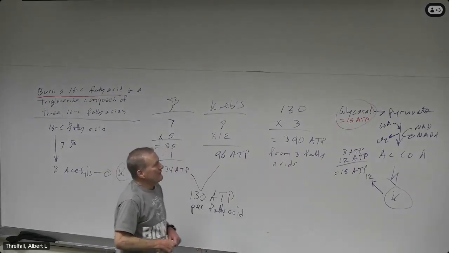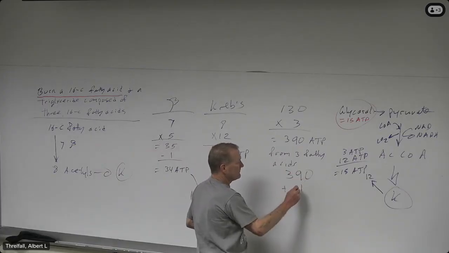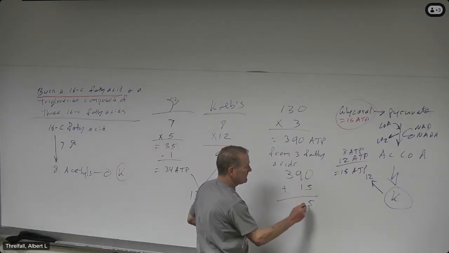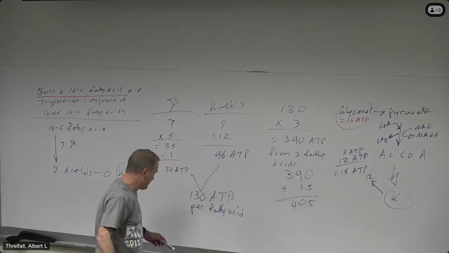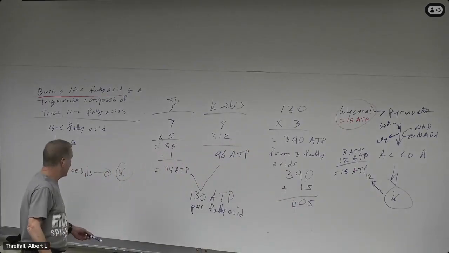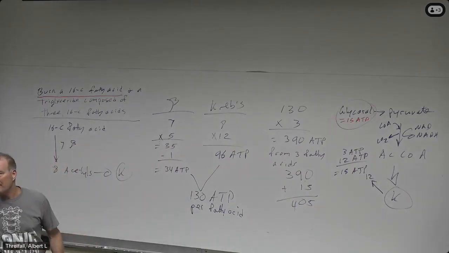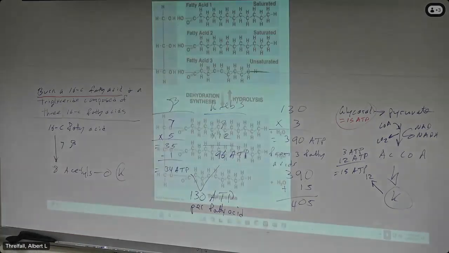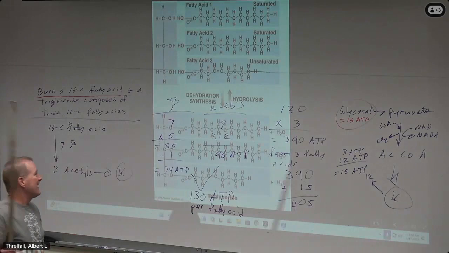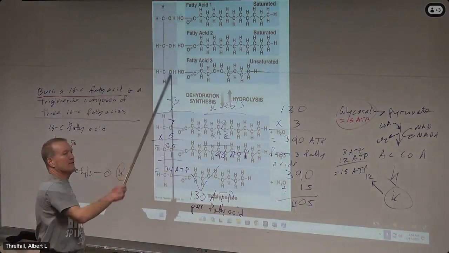So where are we? We've got 390 plus 15, 405 ATP. 405 ATP from a single molecule of fat.